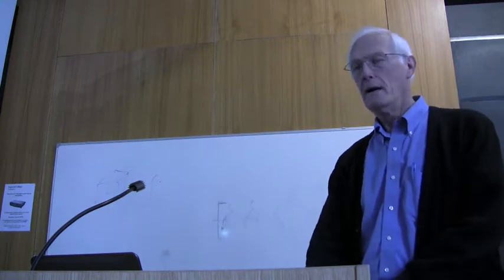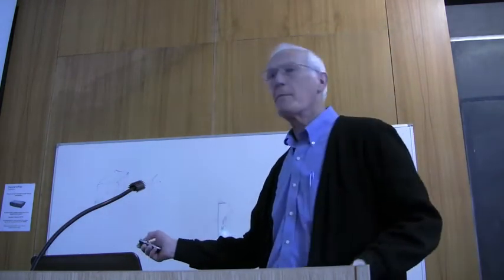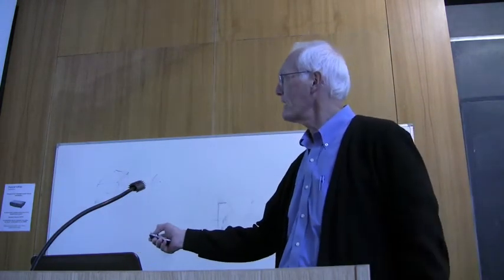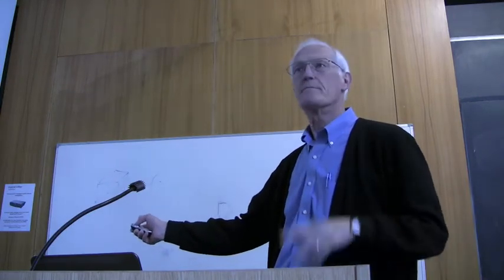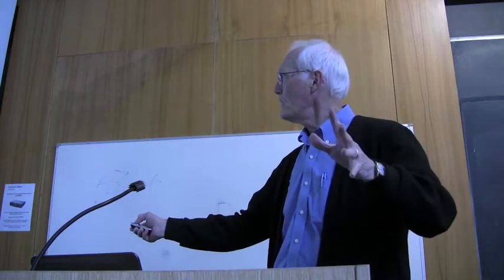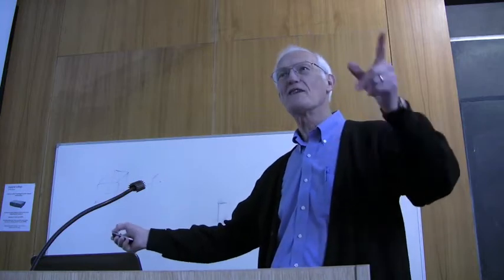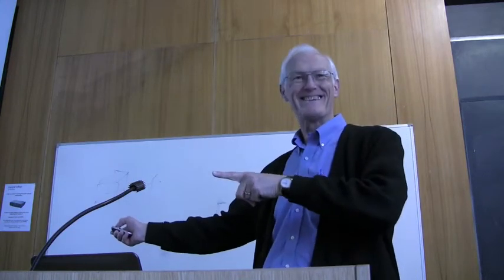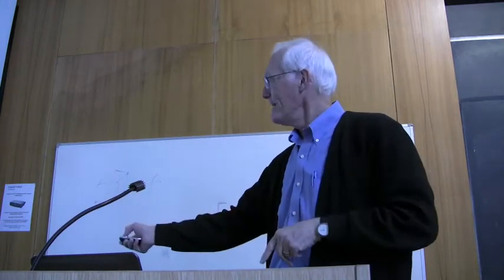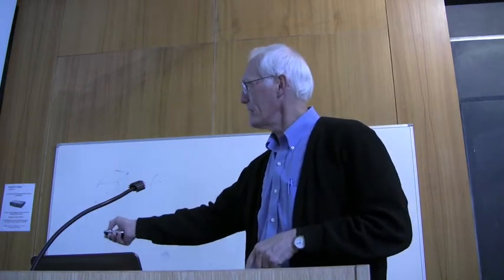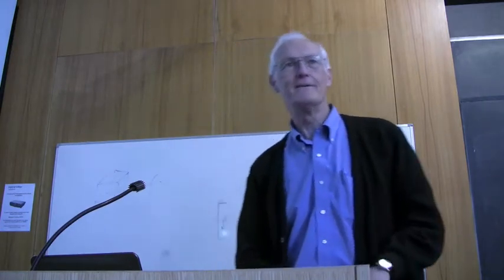Okay? So I'm going to make a contrast and come back to the solids later, but I'd like to contrast two systems. One would be the case where the wavelength of light is much smaller than the system, like a solid, and the other is the case where the particle is much smaller than the wavelength of light.